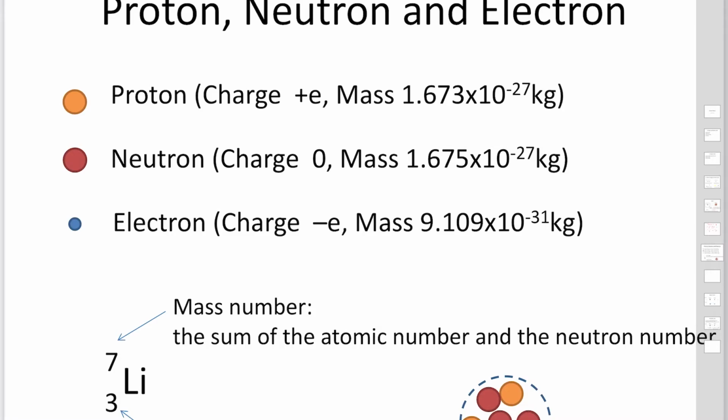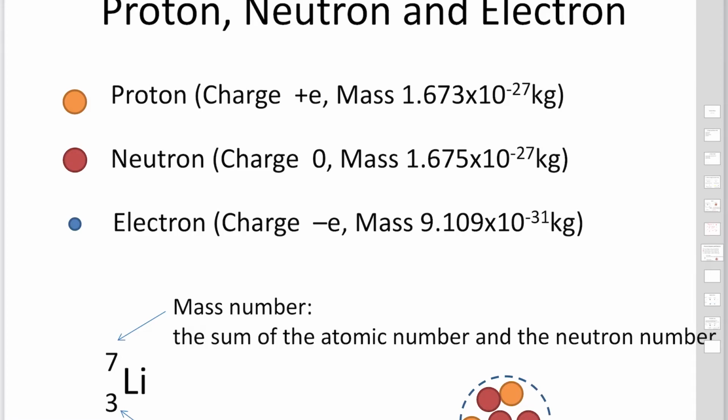And the electron is less massive, and its mass is 9.109 times 10 to the minus 31 kilograms. Compared with the mass of the proton and the neutron, you can find the electron is a light element. And the charge has the same magnitude as the protons, but negative.